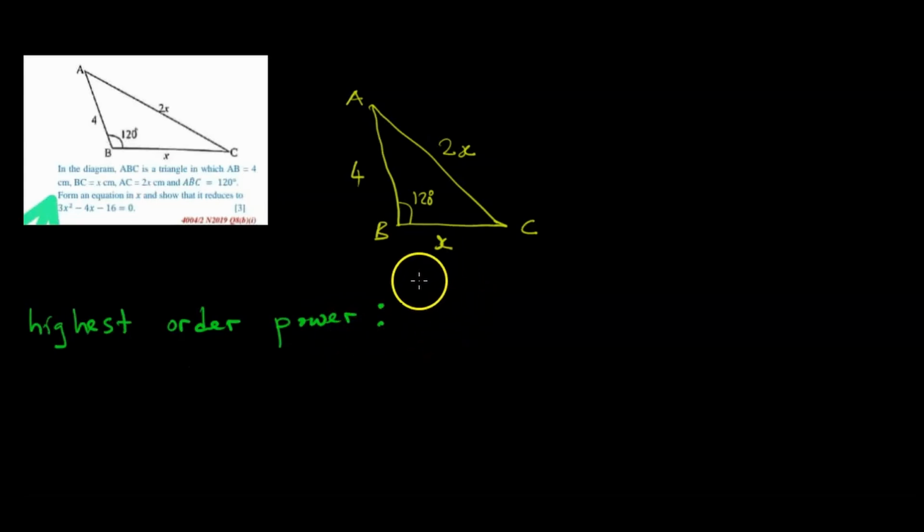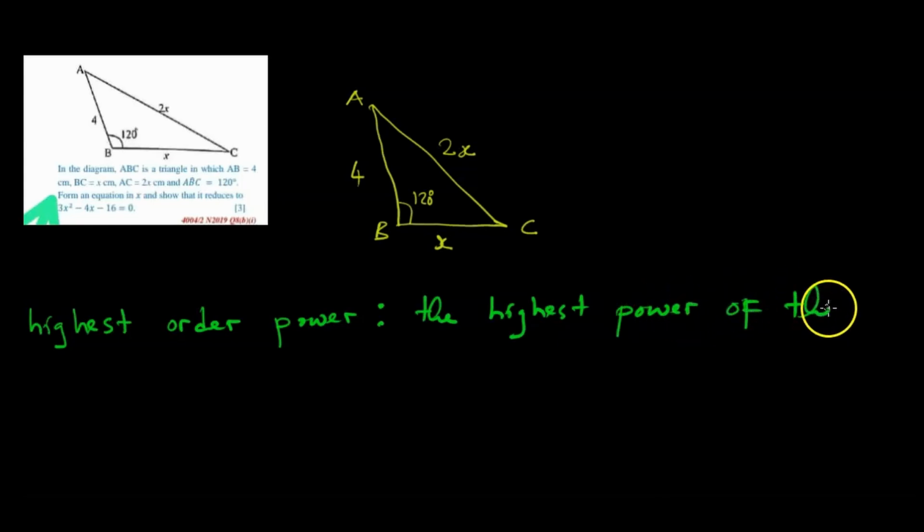We are just looking at the highest power of x, the highest power of the unknown, of the variable, which can also be known as the unknown.